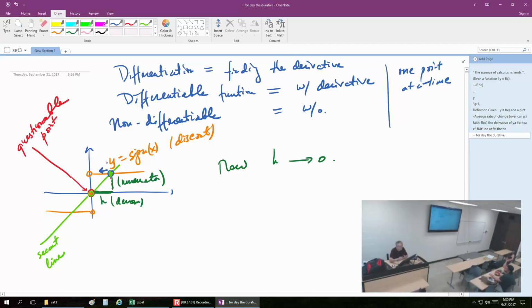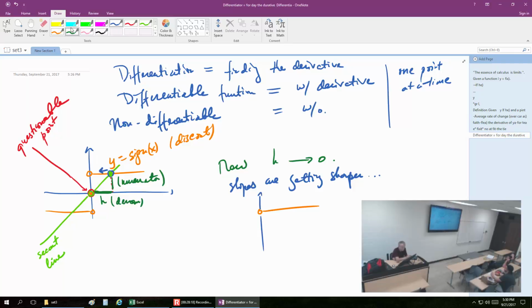What's happening to the slope? It's getting sharper. So slopes are getting sharper. And how much sharper? The answer is there is no limit to it. I could have it as sharp as I like. I start with this, and then the next one might look like this.